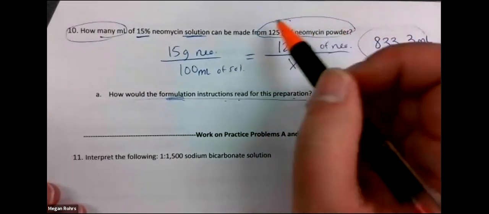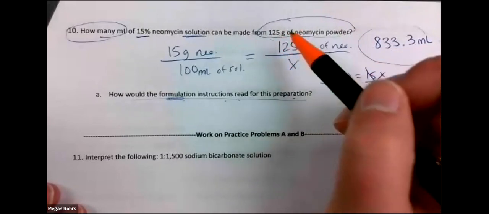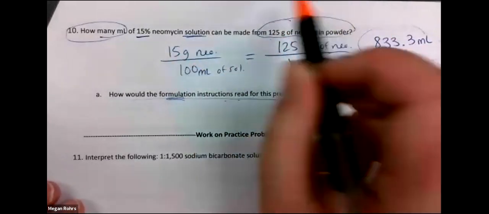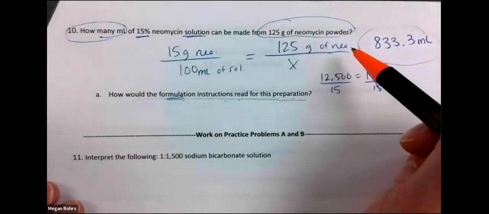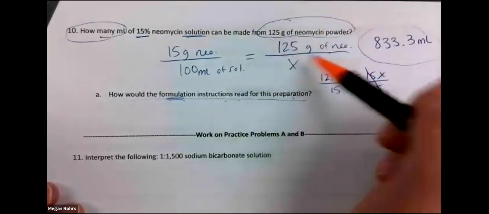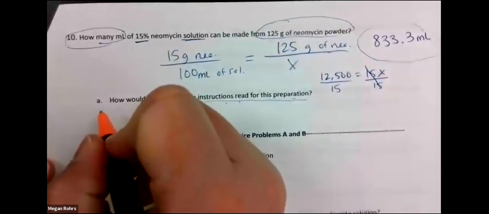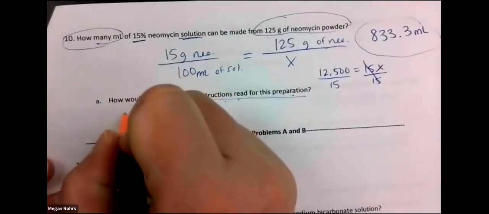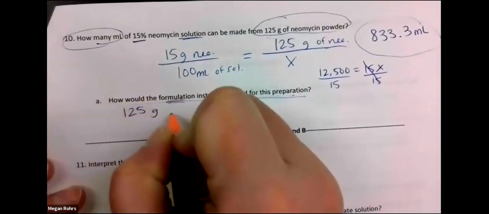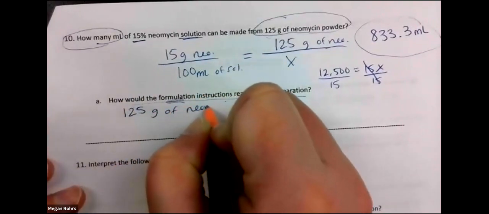So we're going to start with our active ingredient. It doesn't tell us exactly what diluent we're going to use, so we'll just be general in this description. So we're going to start with 125 grams of neomycin powder.